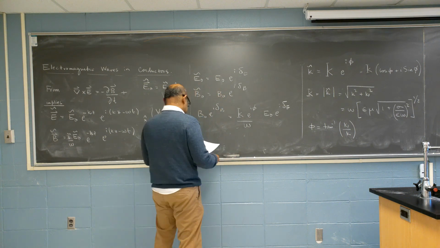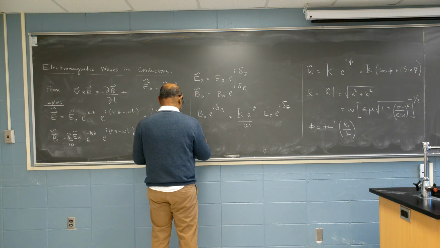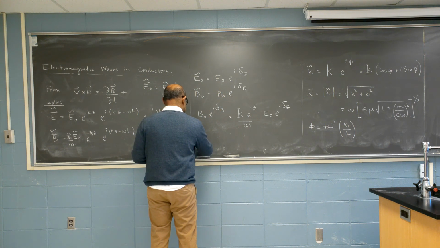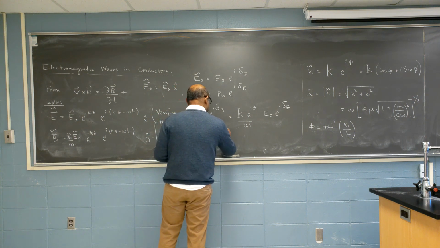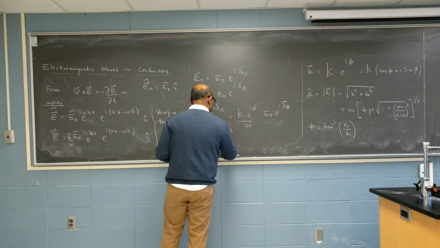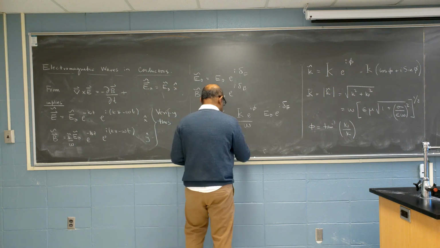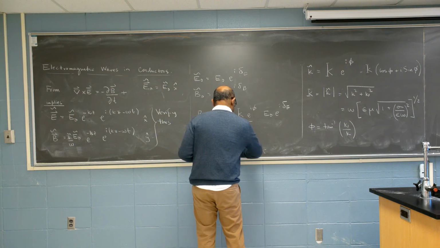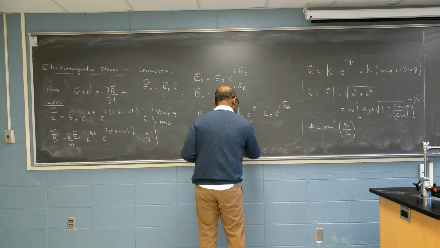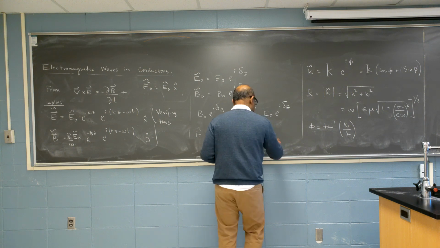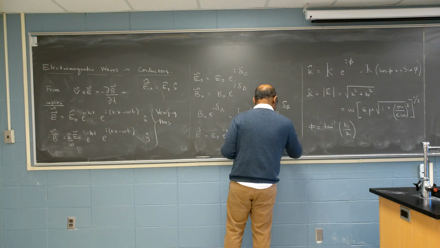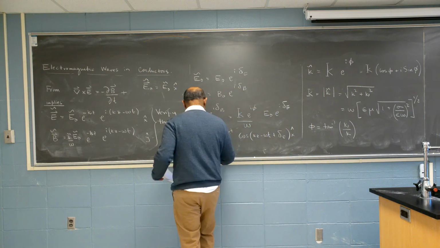So then I can write E, the real part, to be E0 e to the minus kappa z. I want the real part, so cosine of kz minus omega t plus delta E in the x direction.